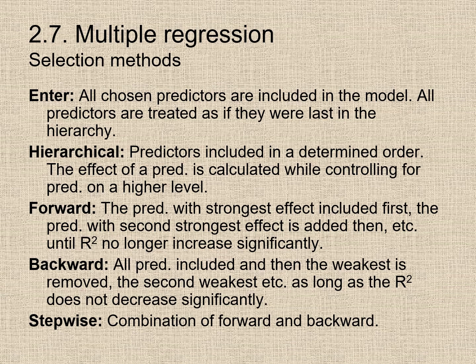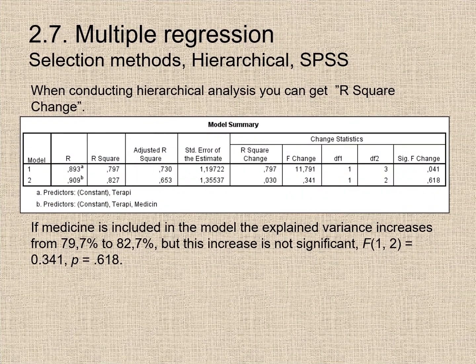So R square increases from 0 to 79.7%. And we get the F ratio for the change, and we see it's significant. So a model with therapy as a predictor is significantly better at predicting life satisfaction compared with a model with no predictors.